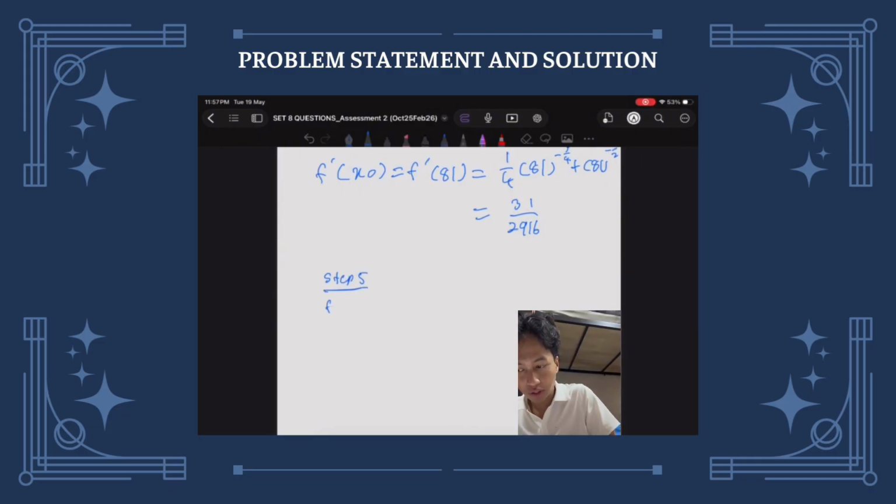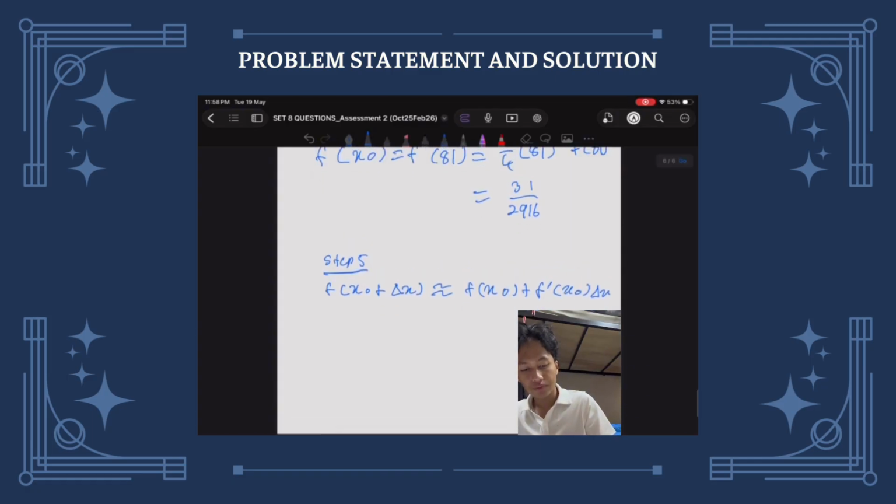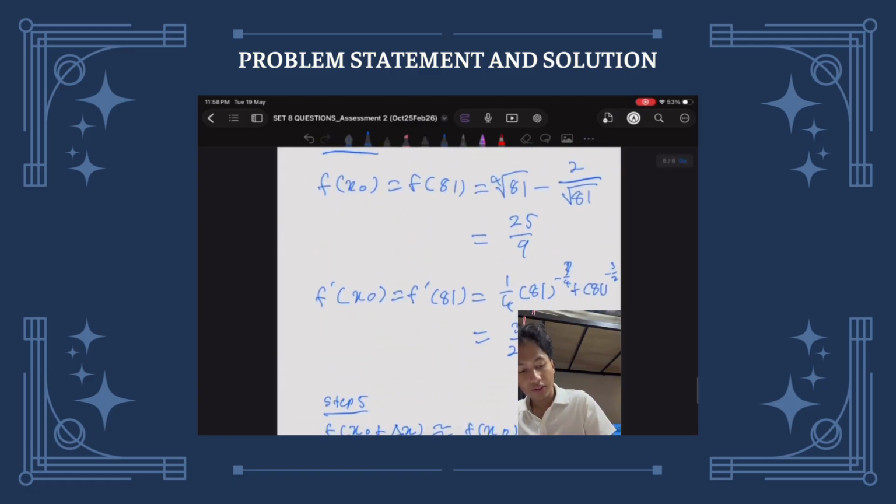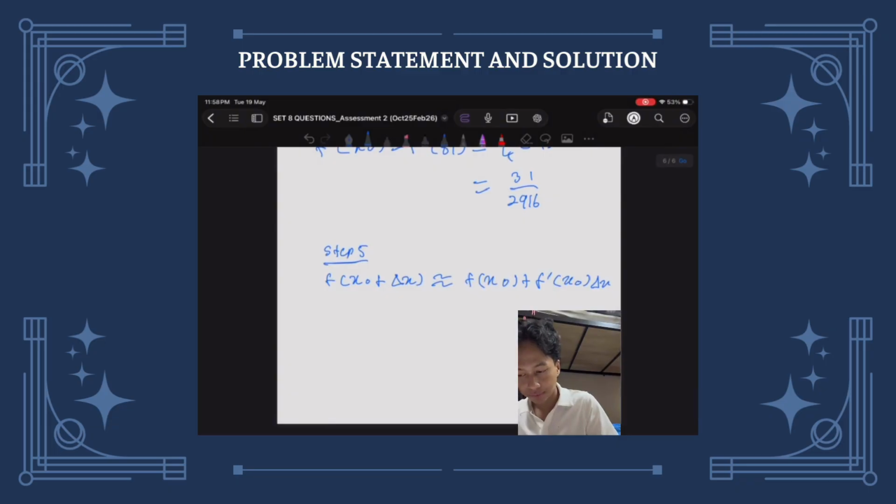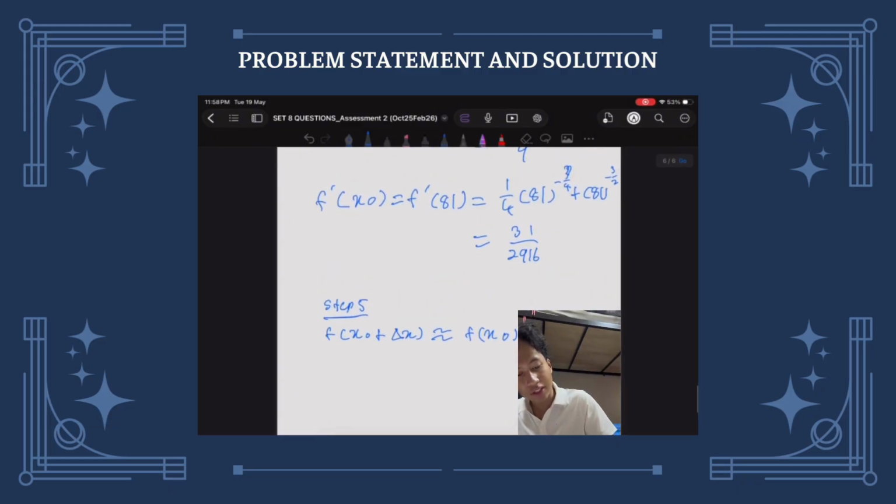So this is the formula: f(x0) plus f prime x0 times delta x. We insert the numbers into the formula.